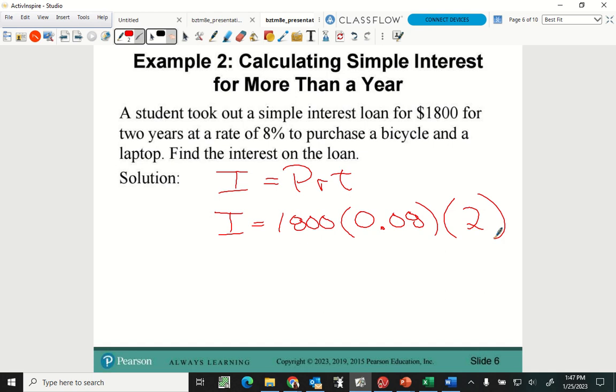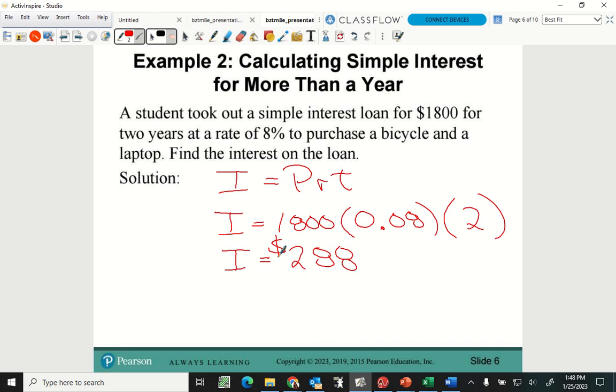All right, so you people, please calculate for me. So I is equal to, you said what? 288? Yes? I got 2,380.